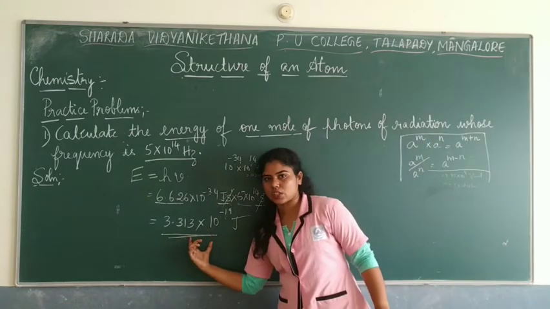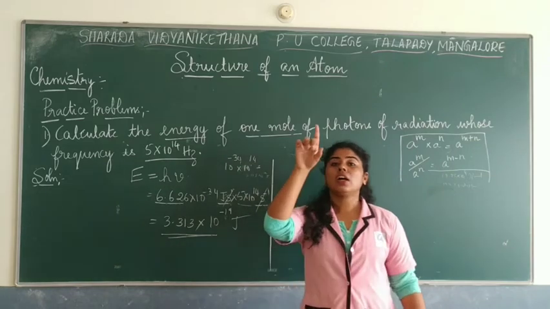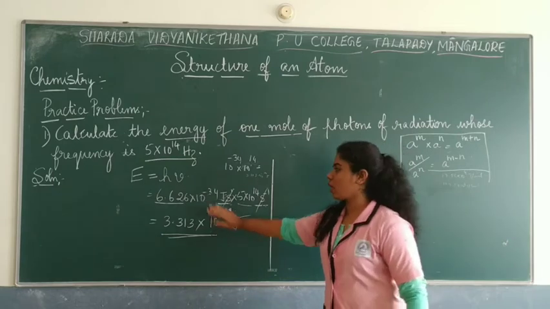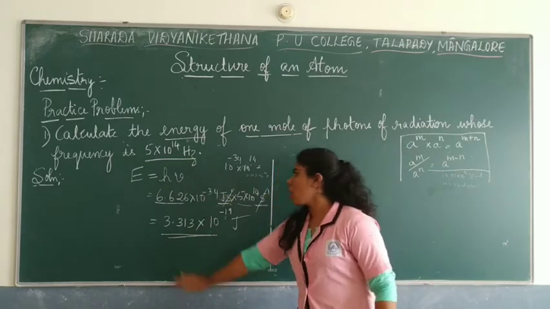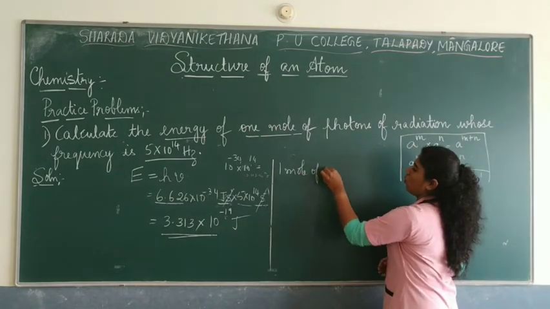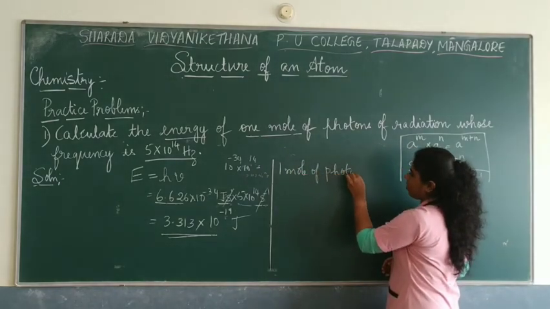Now we take this energy, and for 1 mole of photons, how much would be the energy? That we have to calculate. This is for one single photon. Now for 1 mole of photons, what's the energy? Right.